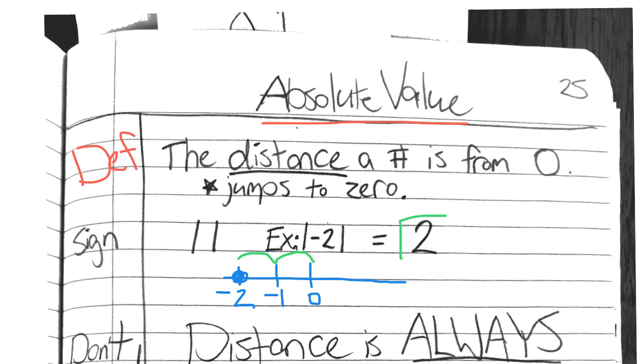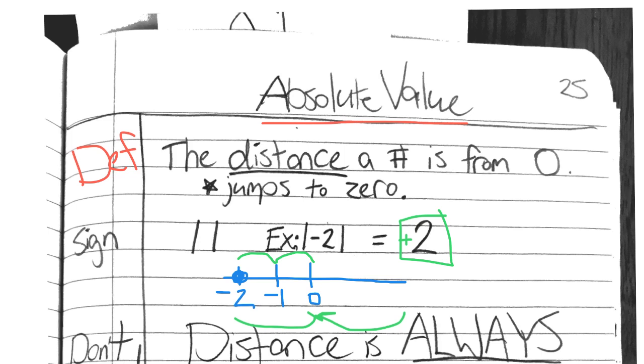So our answer is always positive, whether I'm coming from the negative side or coming from the positive side and going to 0. Either way, I count my hops to 0. Our answer never has a negative in front of it.